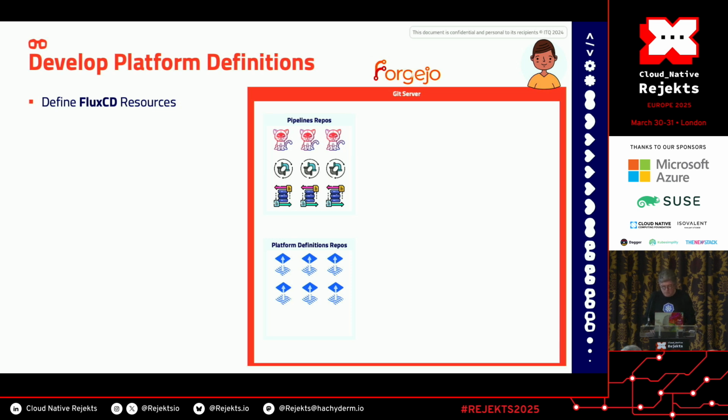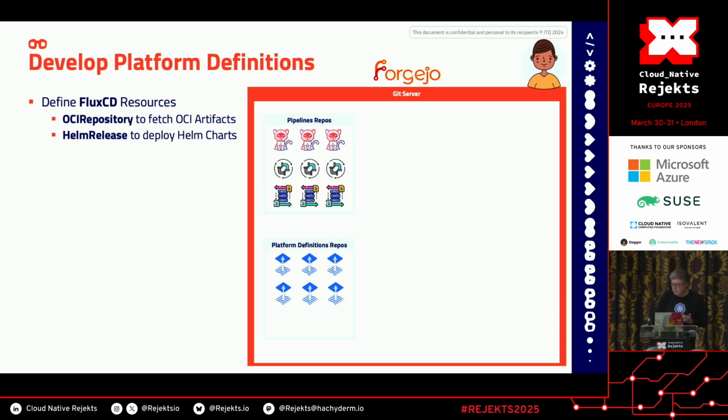So here is the platform definition. It's basically an OCI repository artifact from Flux to fetch from the OCI registry all the artifacts you want to use and all the configuration you want to use.